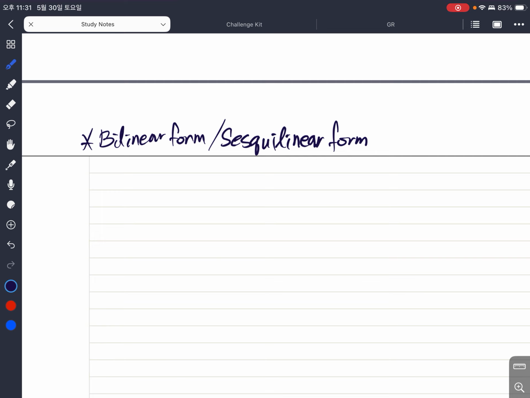For this case, we need some domain. Let us say V1 plus 1 and heart 1, up to Vn plus n and heart n. Then we can have this Cartesian product vector space.